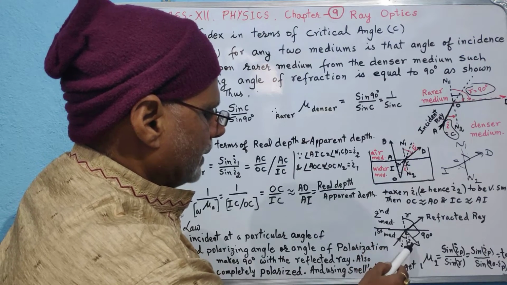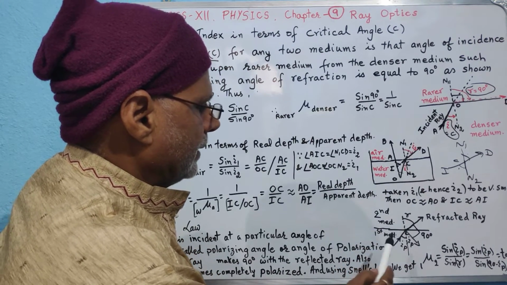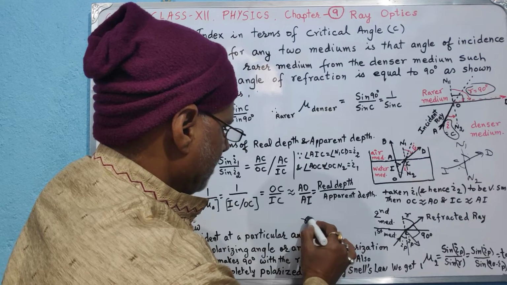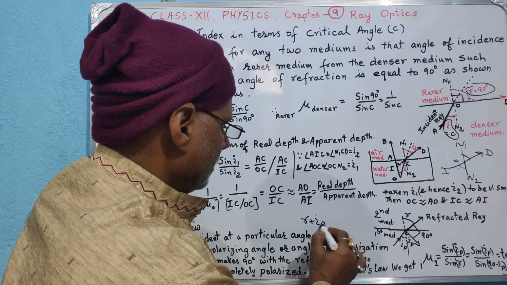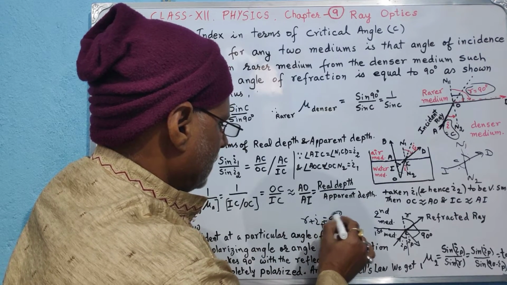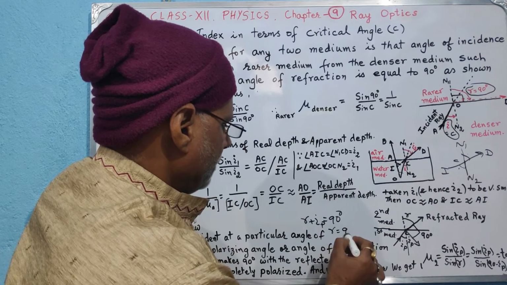It means r plus ip is equal to 90 degrees, therefore r is equal to 90 minus ip.